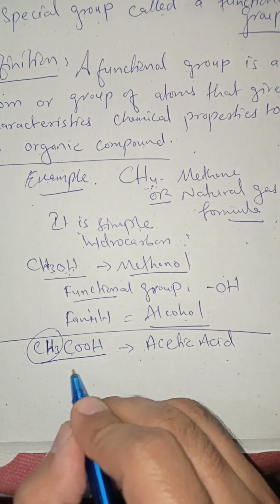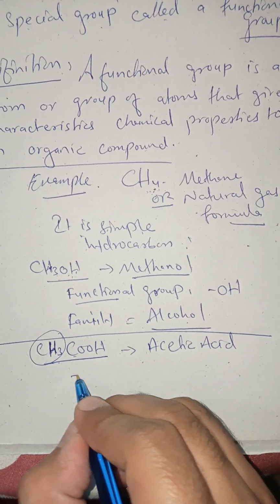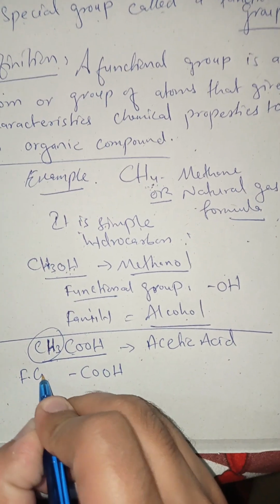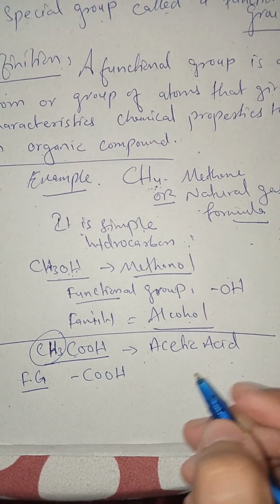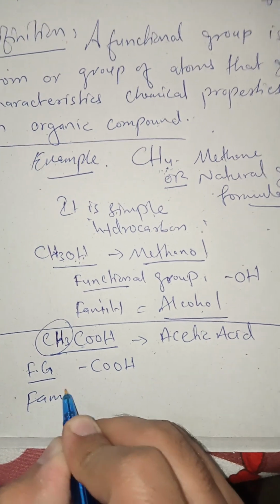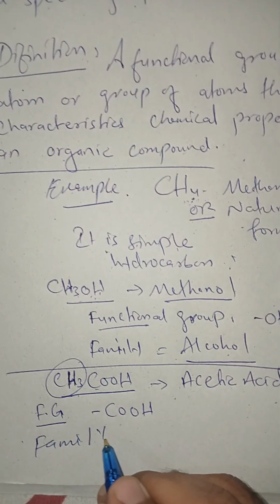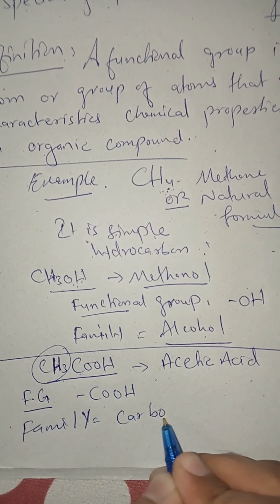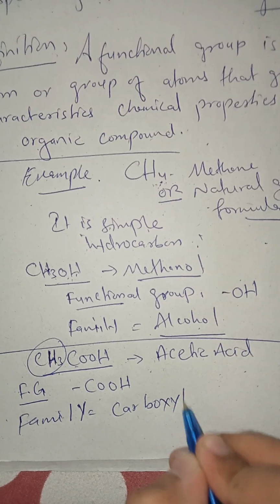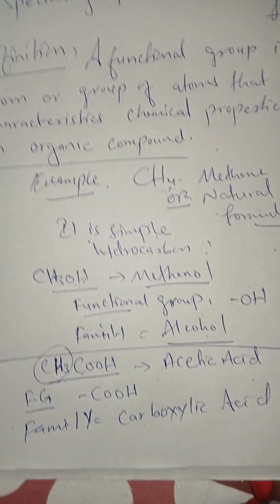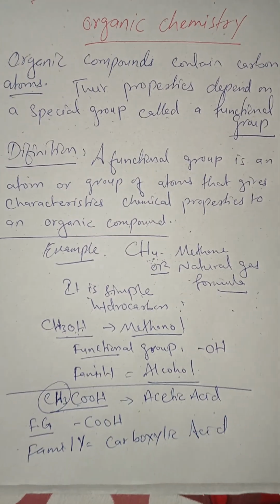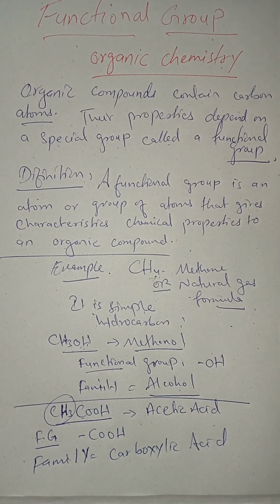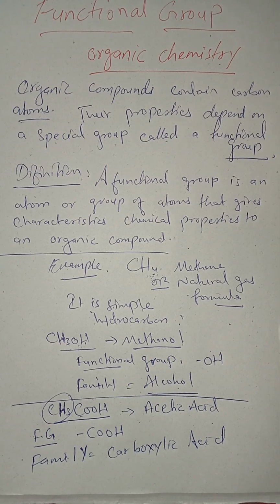That is the functional group. And what's the family? Family is carboxylic acid. So hopefully you understand this functional group idea, the definition and the examples.